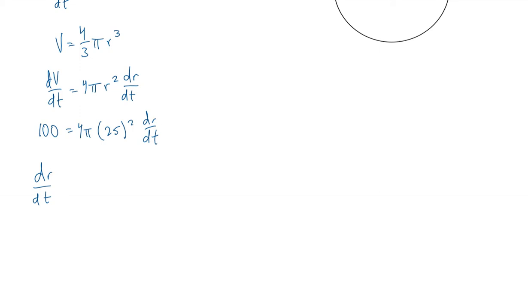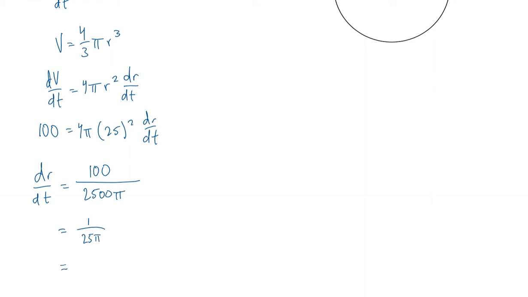I usually do it kind of in 2 steps. So I'm flipping sides here, but I get 100 over, and I'm dividing by all of that, right? So 25 squared is 625 times 4 is 2500. So I've got 2500 pi, which reduces to 1 over 25 pi.